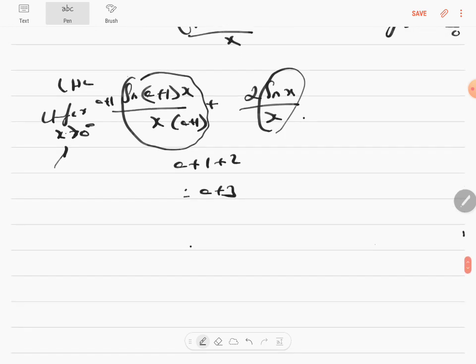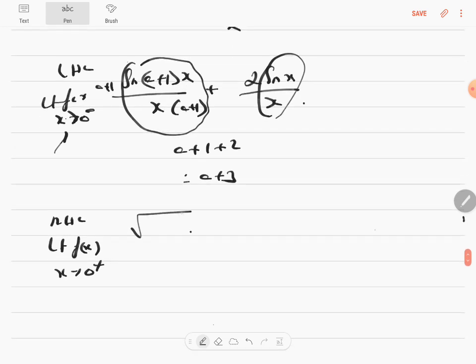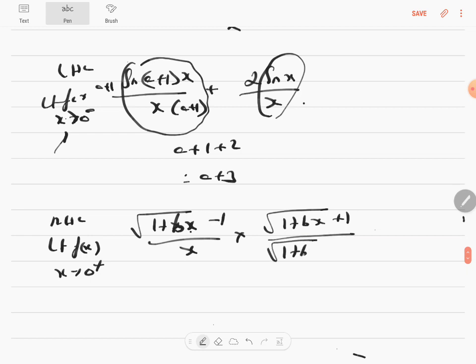Right hand limit is by rationalizing. Right limit of f of x as x tends to 0 from the right. So it's root of (1 plus bx) minus 1 by x. Immediately I'll rationalize. Even the numerator can be rationalized: multiply by root of 1 plus bx plus 1 over root of 1 plus bx plus 1.